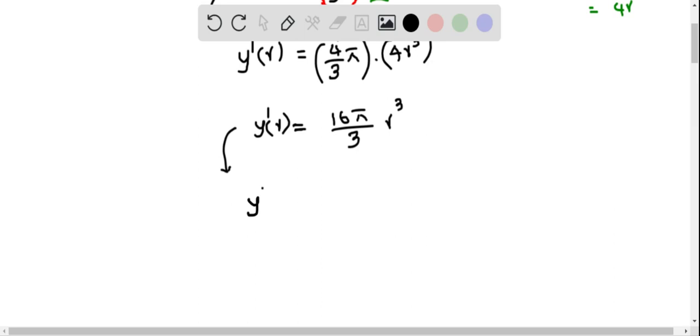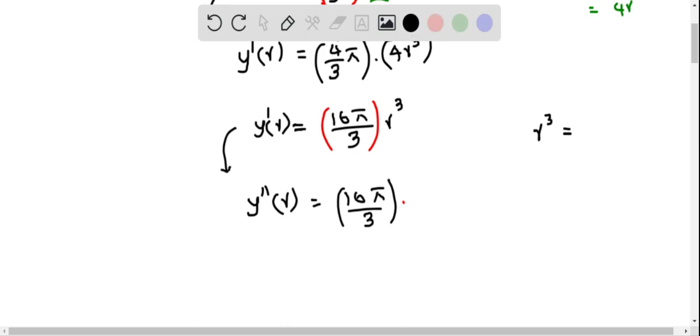So then we will get y″(r), and this equals, once again we have to apply the constant multiple rule, and when we do that, we keep the constant, that is 16π/3. We keep the constant as it is, and then multiply with the derivative of r³. The derivative of r³ using the power rule, we put the power in front and raise r to the power of 3 minus 1.